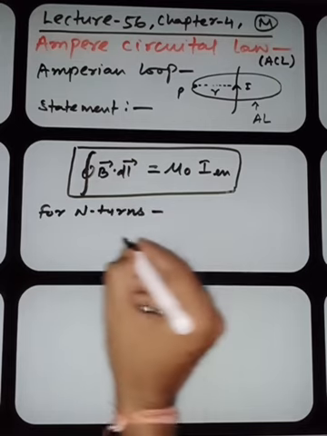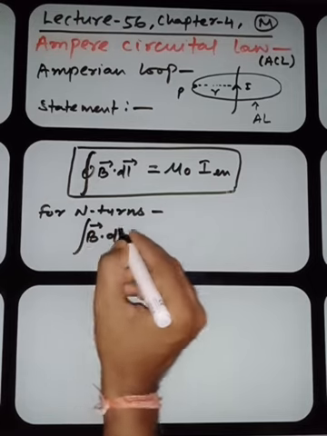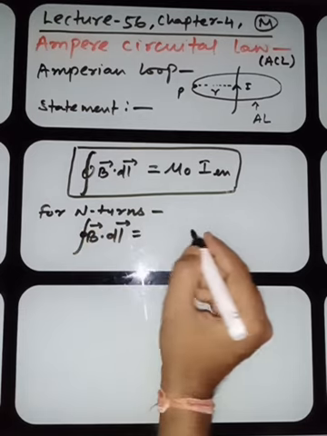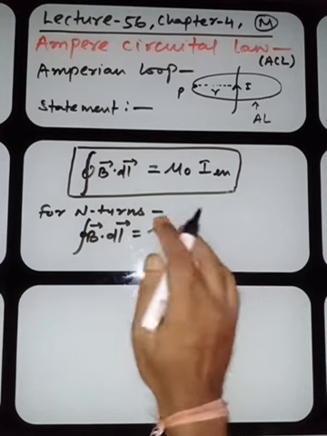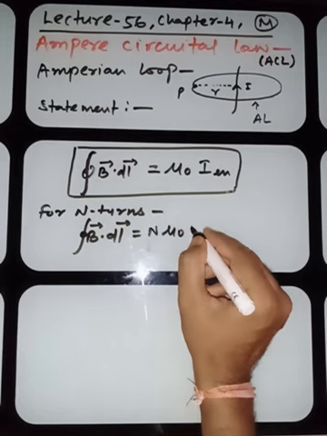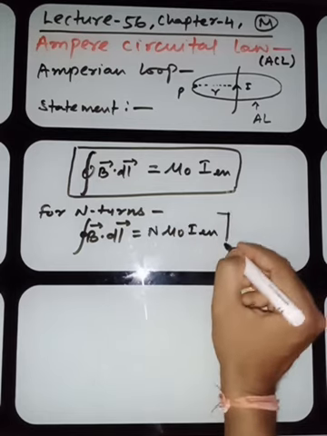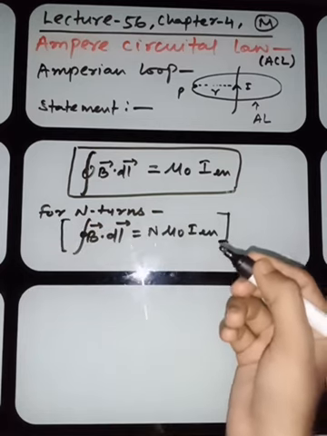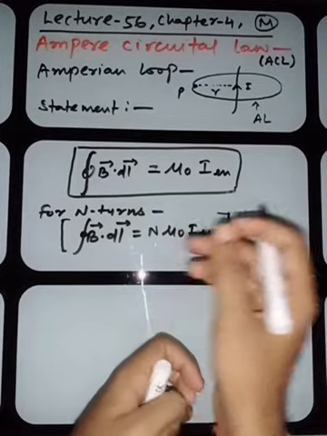Then you write the closed integral of B dot dl, both being vector quantities, equals n times mu naught I enclosed. That's it. This is for n turns. So you will write Ampere Circuital Law in this way.